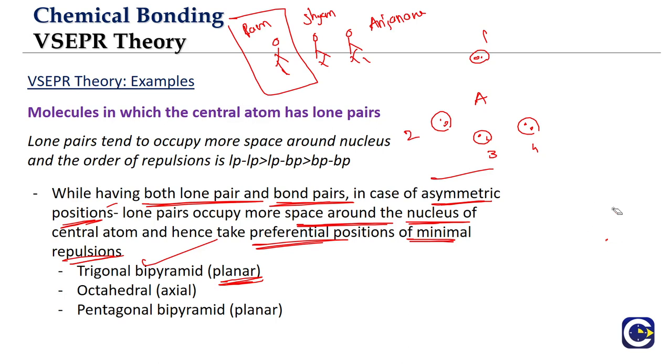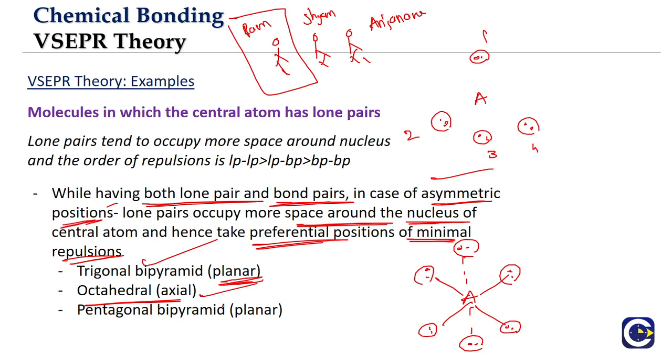When it comes to the octahedral, we already talked about this. Octahedral means we'll have 4 positions in the plane. These are the 4 planar positions. 1 is above the plane, 1 is below the plane. So in octahedral, the preferential position for the lone pair will be axial.